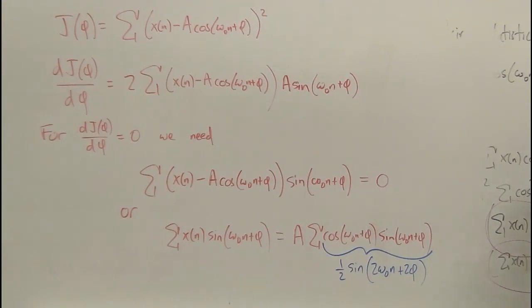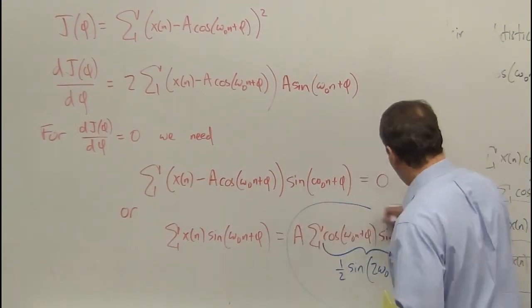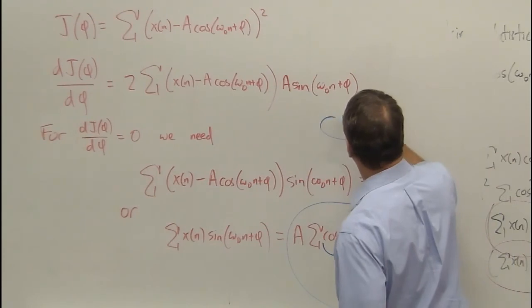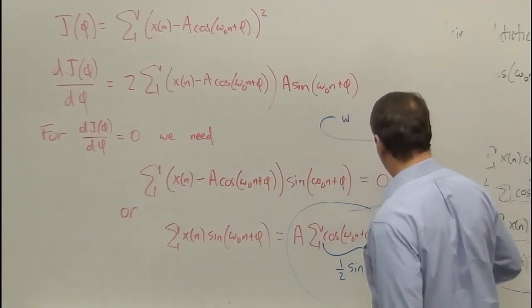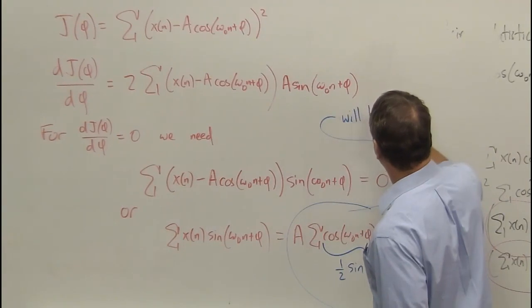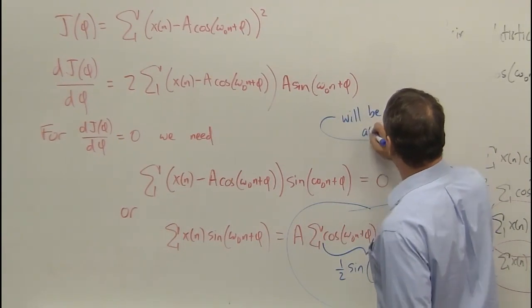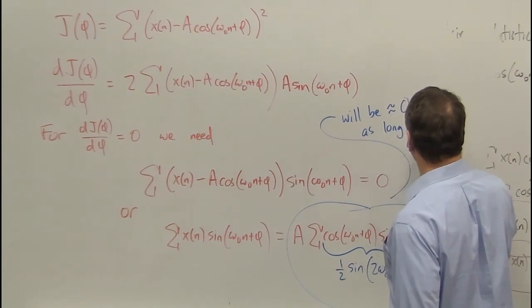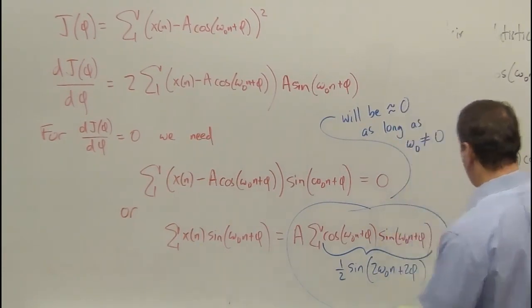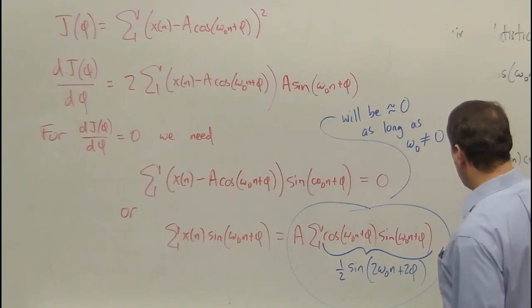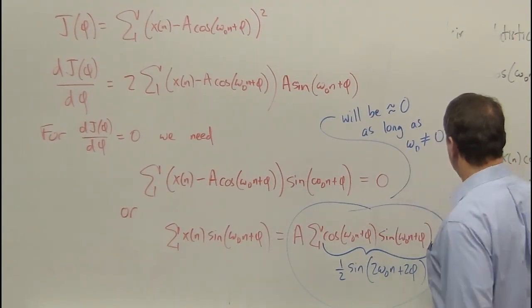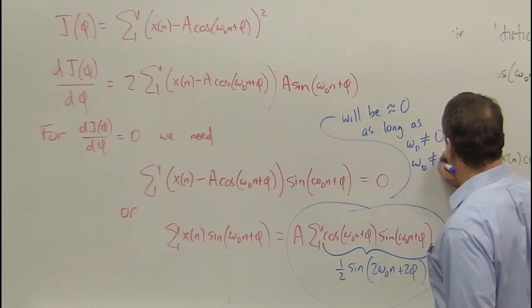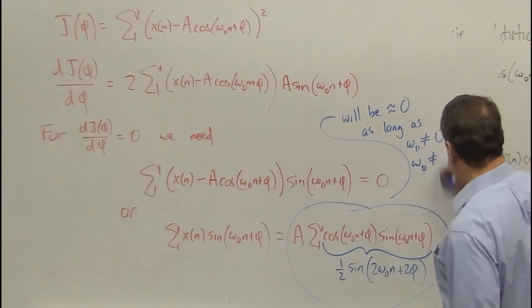So this whole right-hand side will be approximately equal to 0 as long as omega 0 is not equal to 0 or it's not equal to pi.